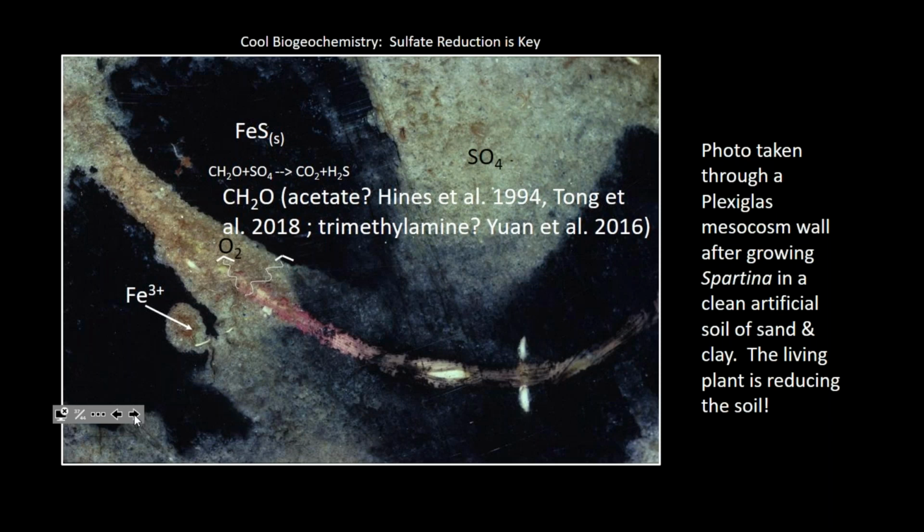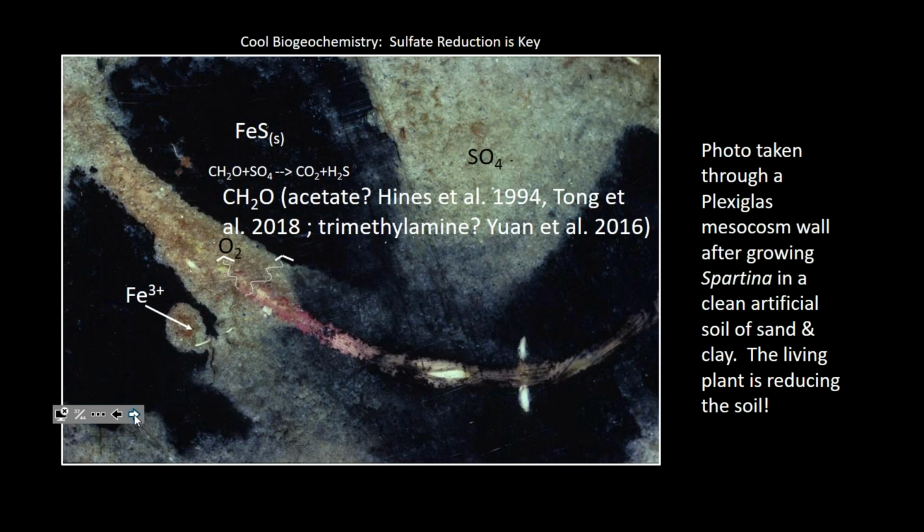You always find a lot of acetate where you have Spartina, and the plants are leaking acetate. And the acetate is a perfect substrate for sulfate-reducing bacteria. So they're taking this acetate and reducing sulfate, producing hydrogen sulfide, which reacts with the iron to produce iron monosulfide.